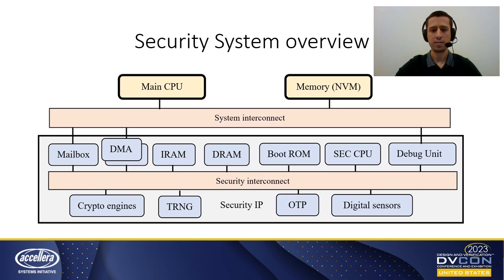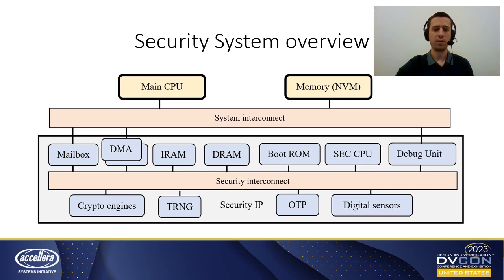At first glance, this picture may look complex, but it really isn't. You'll see that the security IP contains many blocks which are very common and we all know them, but it also has some specific blocks. It has its own CPU with its associated IRAM, DRAM, boot ROM, and OTP.